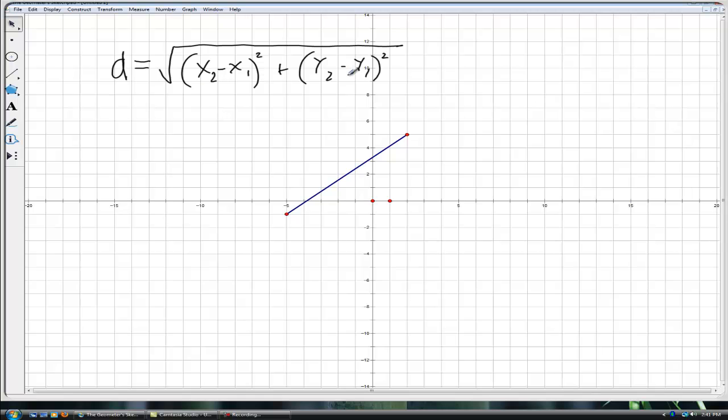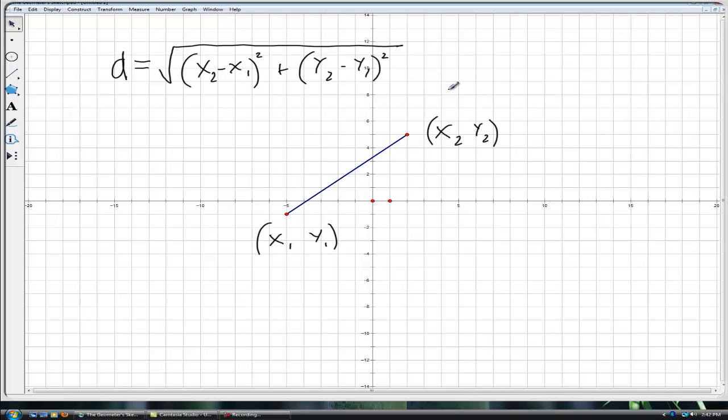Now, if you're confused about these subscripts, the x2 and the x1, that just means that if we're going to call this point 1 or this point 1, it doesn't really matter. This is x1, y1, the coordinates for that point. And this is therefore going to be point 2. So this is x2, y2.